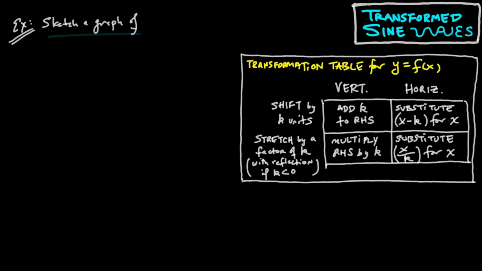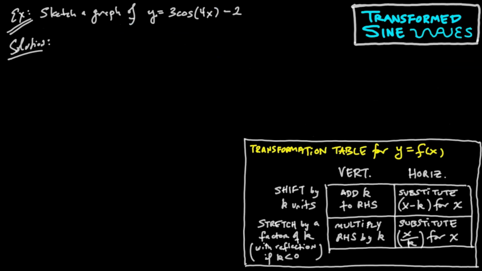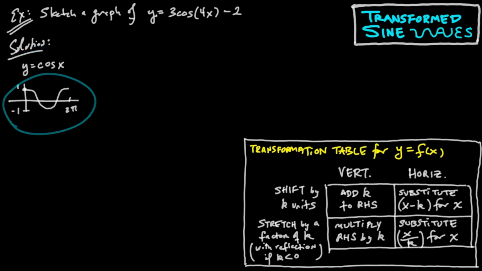Let's sketch a graph of y equals 3 times cosine 4x minus 2. The trick is to recognize that the equation whose graph we want is just an algebraically transformed version of an equation whose graph we already know, namely y equals cosine x, whose graph, of course, looks like this. I'm just writing down one period. Of course, it continues on forever in both directions.